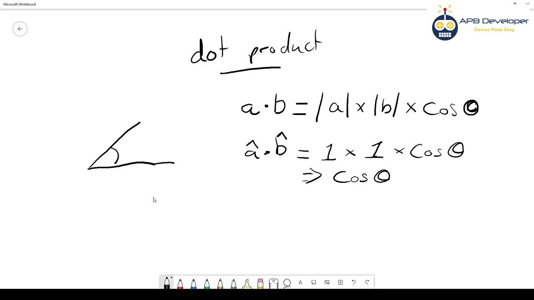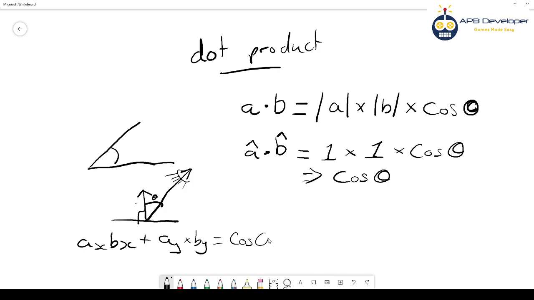What we can use that for is lighting. If this is a surface and this is the normal, and we take a light source, and these are both unit vectors, you do a dot product between them, A dot B. Taking it as 2D, that's AX times BX plus AY times BY.